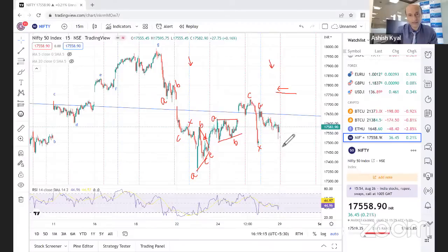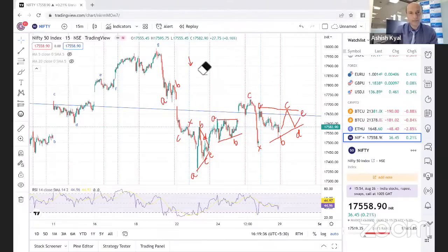It's possible that a triangle is forming. We might complete B or we are in B. We might see a C leg, D and E. So we might form a complete pattern this way. For now, the assumption is that a triangle can form.